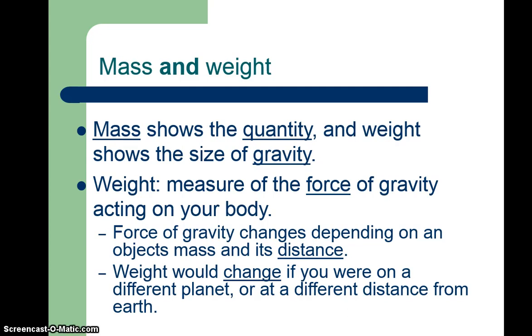So if you were to step on a scale and weigh yourself, that would actually change. It would change if you were on an airplane above planet Earth. It would change if you were on the moon. It would change if you were even farther away. So the actual weight changes, although the amount of matter that makes up an object does not.